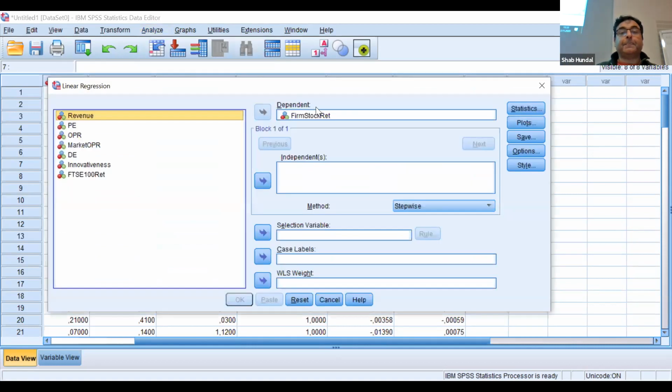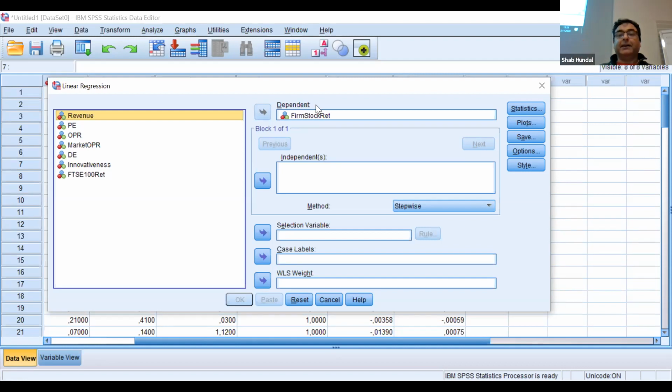We click here. Can you see here? There are two boxes here. The label is dependent variable. And then here, the label is independent variable. Now see that it says independent, bracket S. It means that SPSS knows that there can be more than one independent variable.